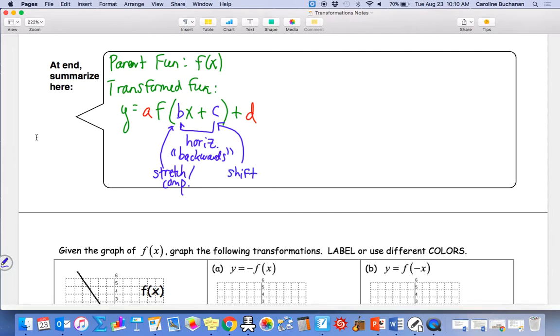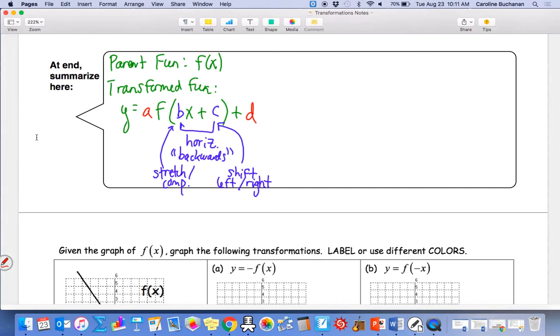So shift left or right. Outside the function, if you have a number that you're multiplying by, or a number that you're adding or subtracting at the end, these are going to affect the graph vertically.